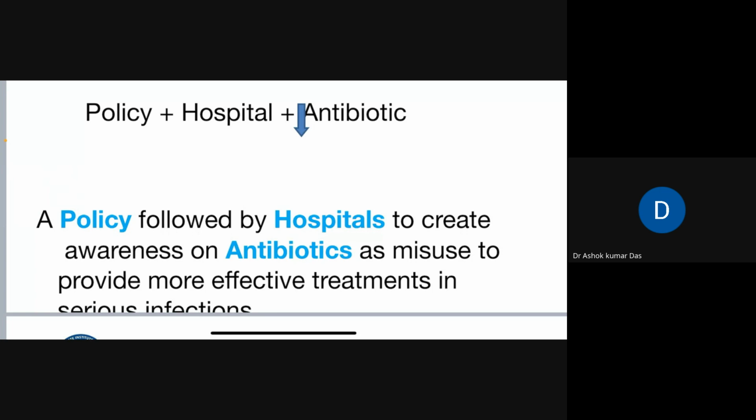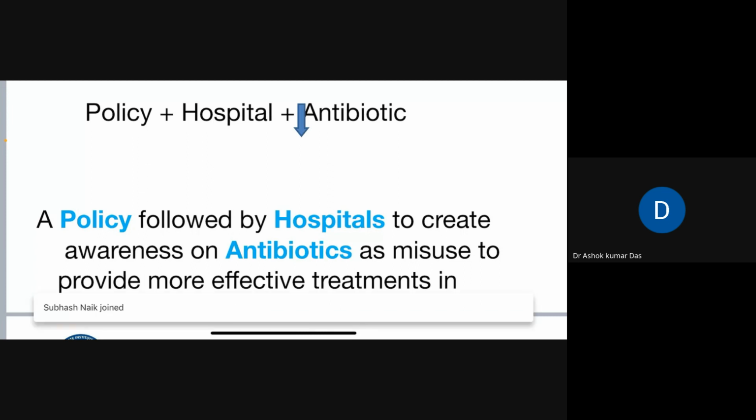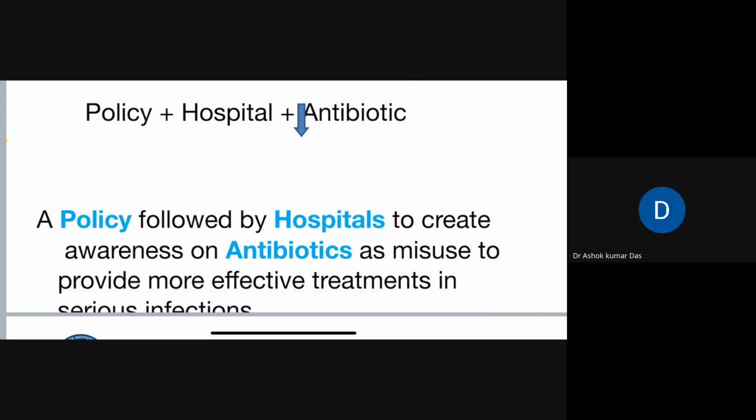You need proper diagnostic services and proper investigation, and only then should you give the antibiotic. For example, if I talk about a bacterial respiratory tract infection, if there is fever with more cough and purulent sputum, only then should you think of giving the antibiotic, and that too with the help of a microbiology lab.